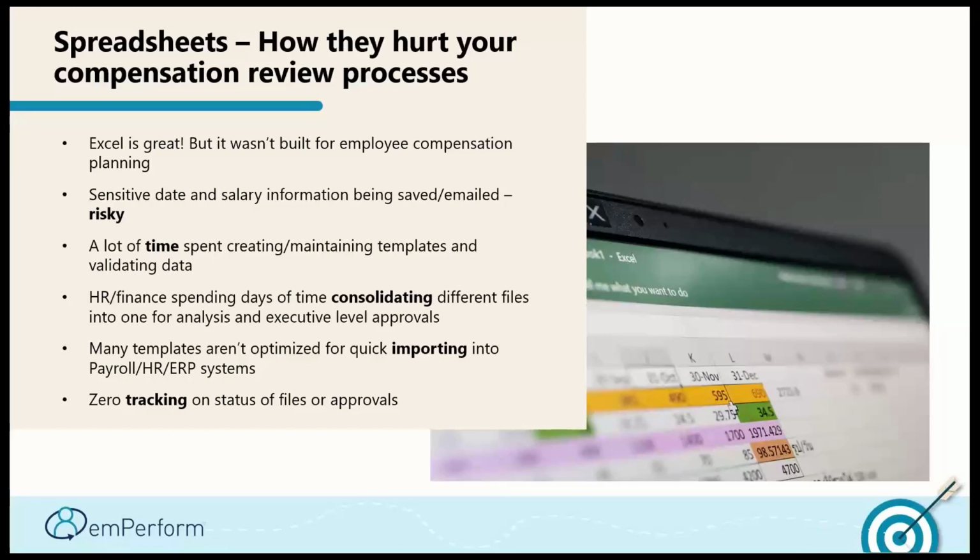Maybe they make changes, and then maybe it's going into a VP or HR for a final review before it goes into your executive level review process. So all of those processes take time, and those Excel files are shuffling between people via email or sitting in a share folder, and we have no idea whose hands are on it at this point in time.